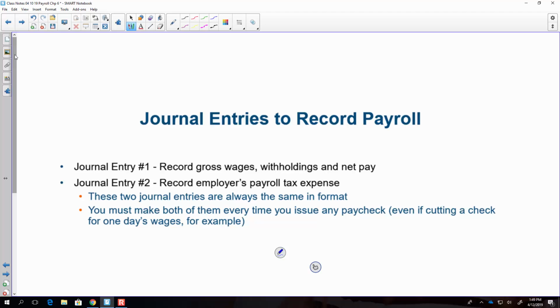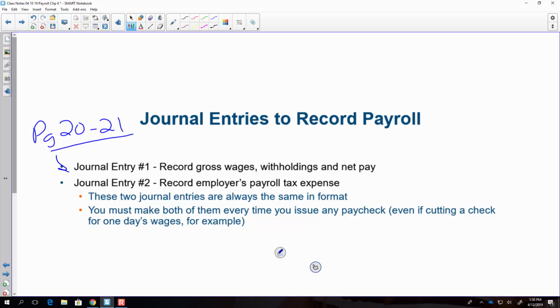Once the discussion is done, it goes into recording the payroll entries, and they try to use T accounts first on pages 20 and 21, showing the flow, I guess you could call it, and then above it, it does show the journal entries. So please review pages 20 through 21.